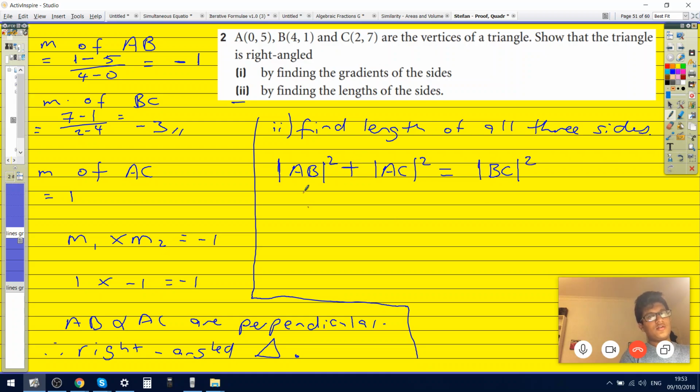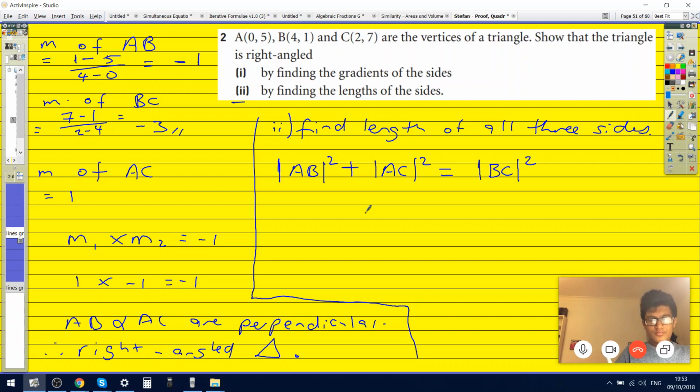So basically, you would find the length of all three sides, and then you would square AB, square AC, and you should get the same as if you square BC, where AB and AC were the two perpendicular sides, so the two sides between the right angle.